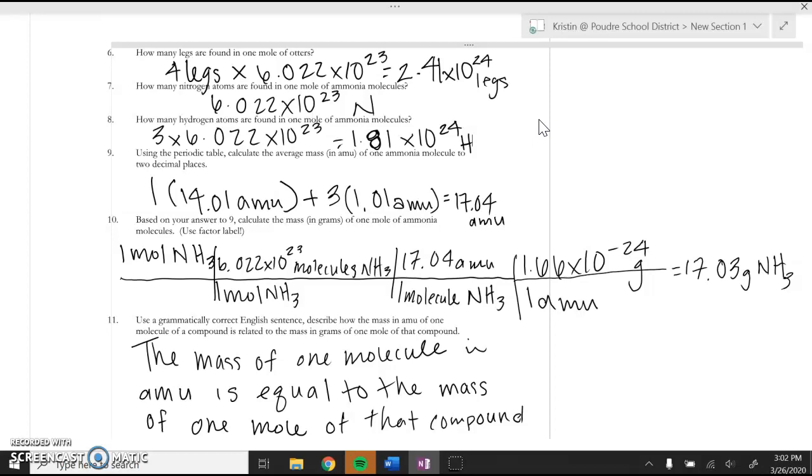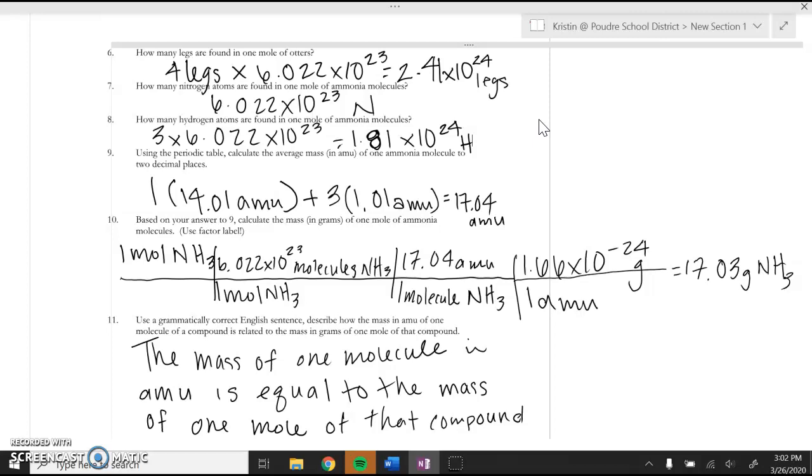Then, once we're looking at our hydrogens, we know that each molecule has 3 hydrogens. So if we have a mole of molecules, we can do Avogadro's number multiplied by the 3 hydrogens and get 1.18 times 10 to the 24 hydrogens in a mole of ammonia.